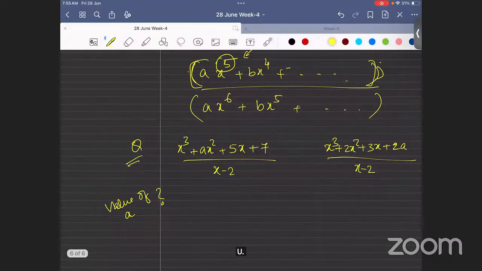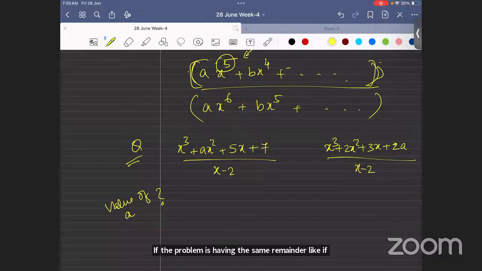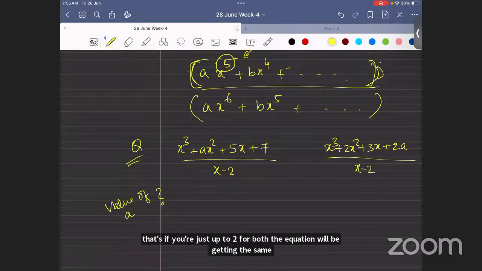If you put x equals 2 in both cases, the remainder we get would be the same, right? If the polynomials have the same remainder when dividing with x minus 2, then substituting x equals 2 in both equations gives the same value. Sir, but when x is 2 the denominator becomes 0.